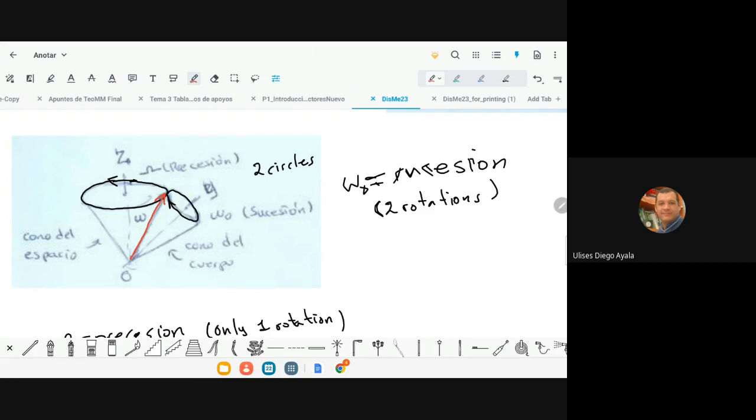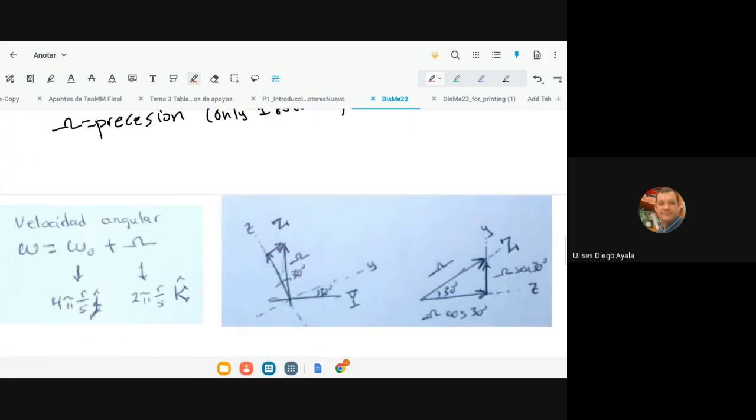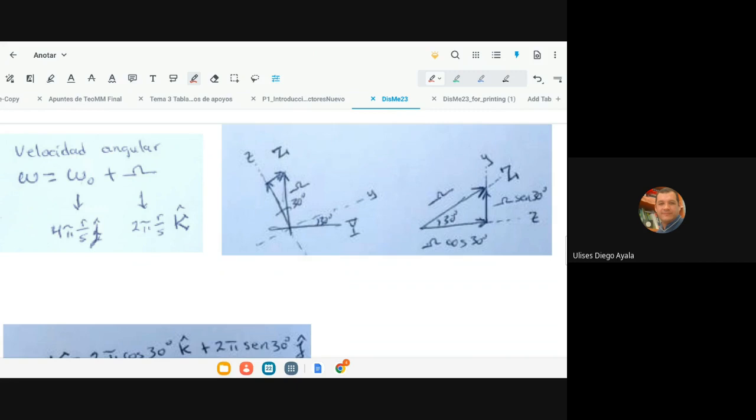No, the circle depends on the radius. So it's a combination, and depending on the radius, do we have more or less speed? So it will be moving one side or another side. And this is vectorial: you have two vectors. It's going to be closer to one or closer to the other, depending on the speed that you have. Yeah, it will be changing. But this is a vectorial addition.